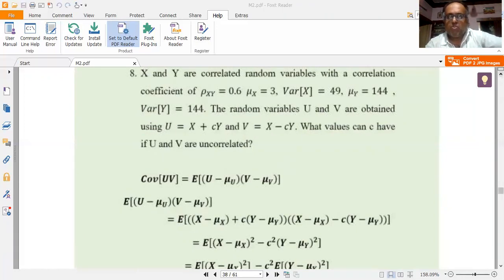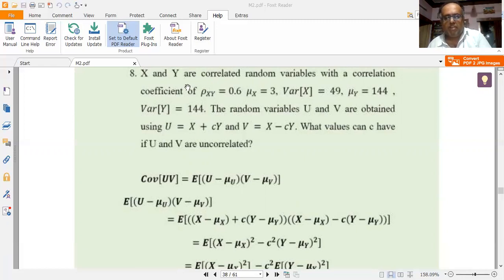Capital X and Y are correlated random variables with a correlation coefficient of rho XY equal to 0.6, mu X is equal to 3, variance of X equal to 49, mu Y is equal to 144, variance of Y equal to 144. See what has been given. X and Y are correlated variables. This problem is very, very important, and it's a super problem.